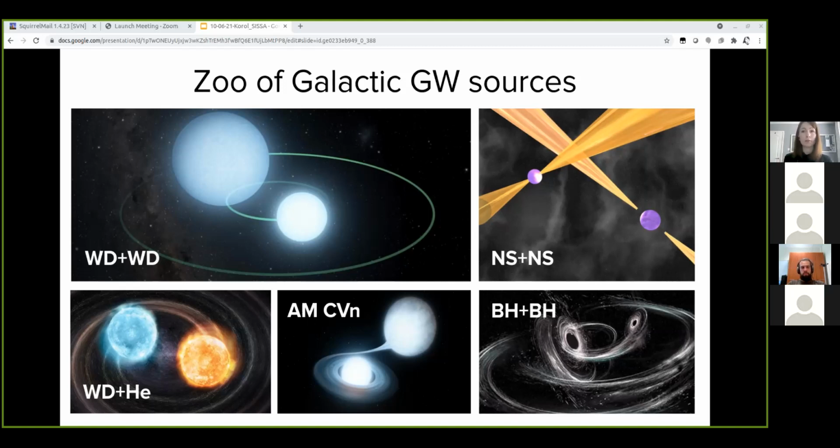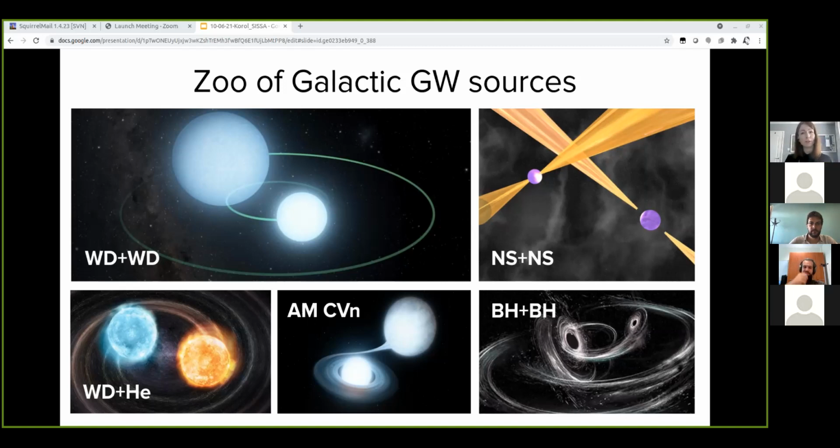And these binaries are very special gravitational wave sources because, technically speaking, helium stars are not composed of degenerate matter like other binaries on this plot, but of ordinary matter, like our sun.